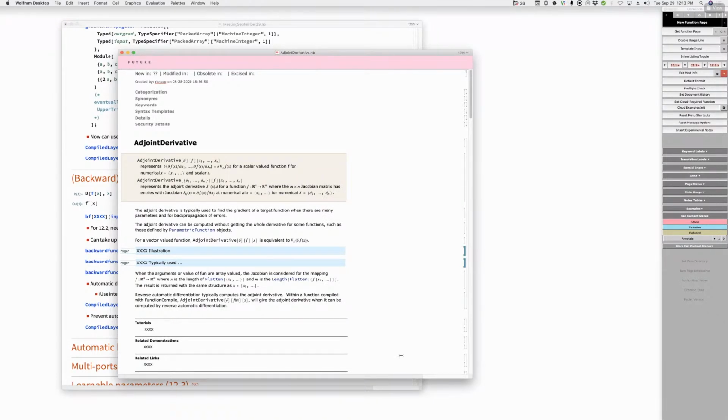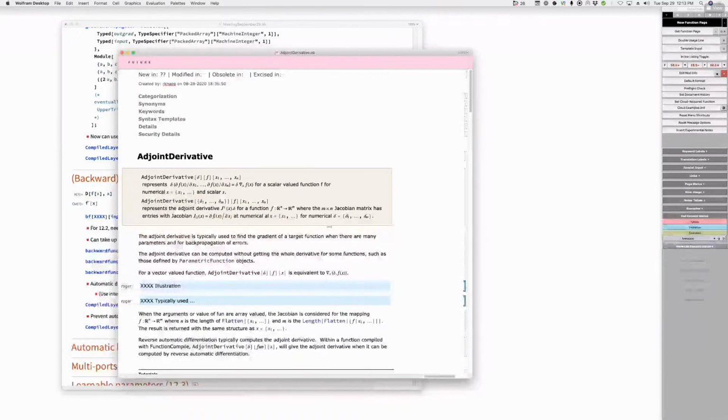Okay. So, what is an adjoint derivative? Represents delta. What is delta? Is delta an operator here, or is delta a scalar? Delta's a delta. In this case, in that first one, it's a scalar. In the second one, it's a vector. Okay, so I don't understand this notation at all.